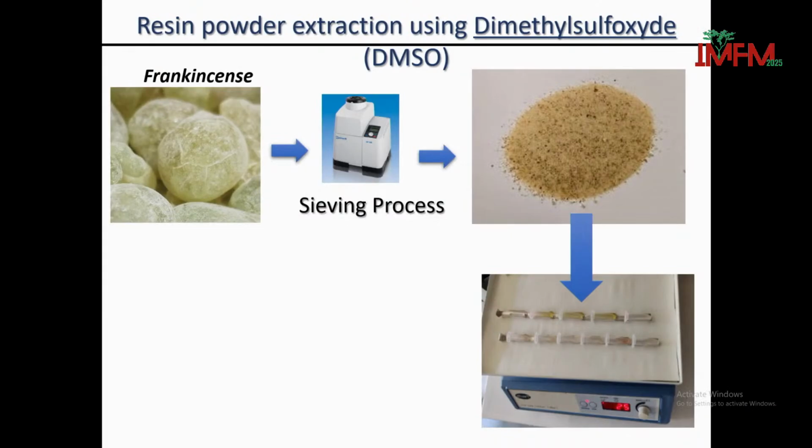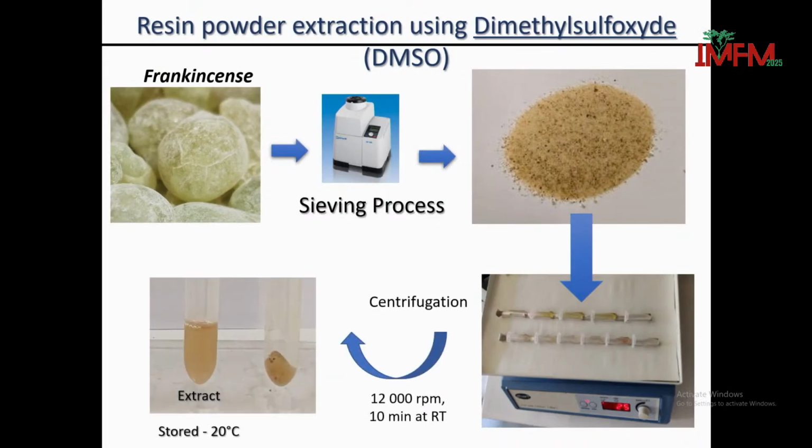Then we dissolved the powder in a solvent, and we centrifuged the dissolution, and then we can separate the extract from the rest of the resin which is not dissolved.